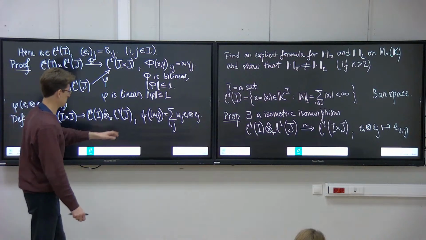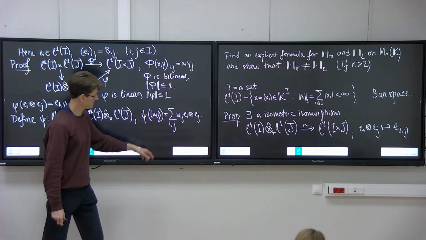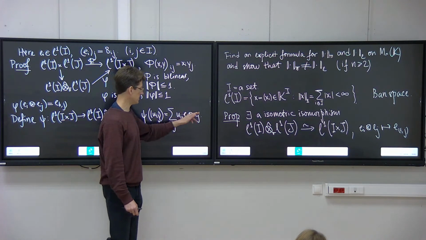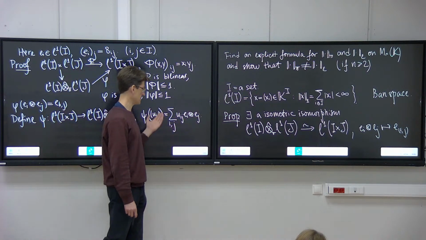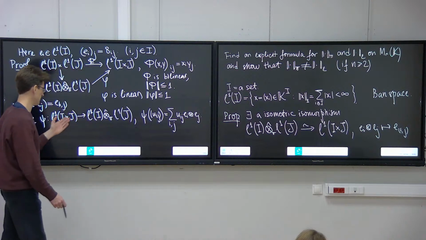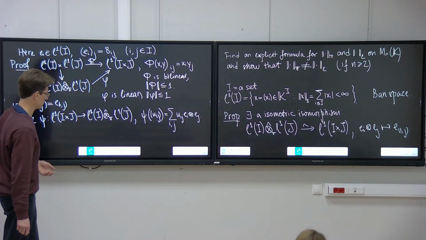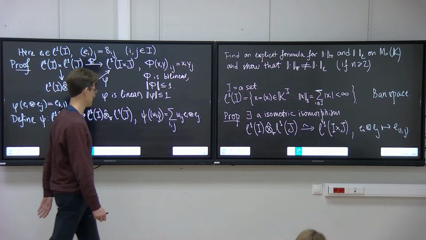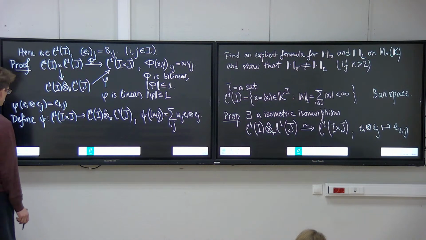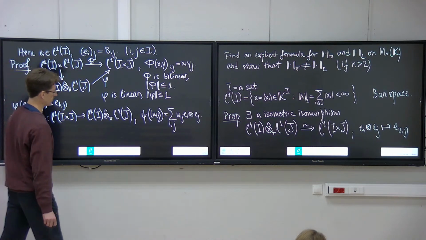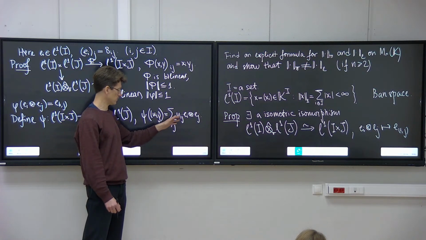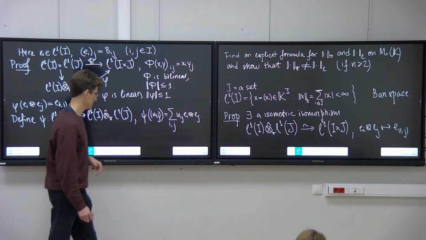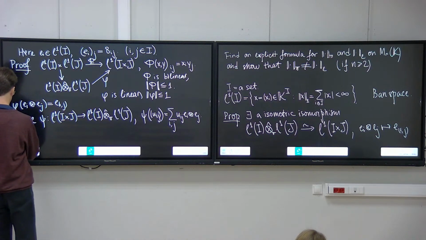Since the family u_(ij) is absolutely summable, and since the norm of e_i tensor e_j is 1, we see that this series is absolutely convergent, because the space is complete. So it converges to a well-defined element in our space. Moreover, by the triangle inequality, the norm of this element is less than or equal to the L1 norm of u.